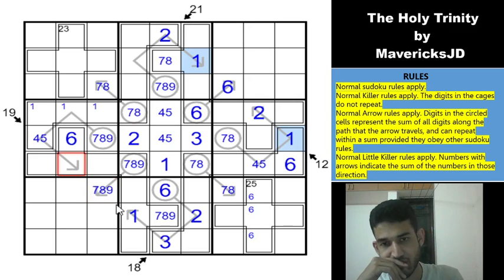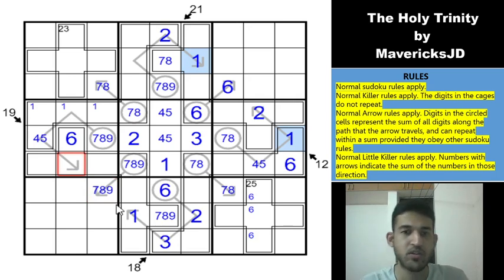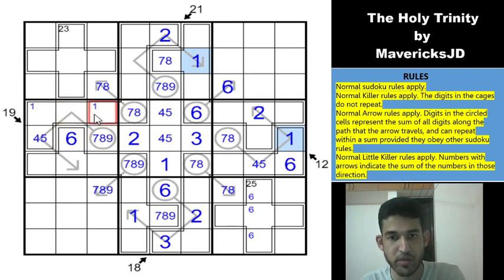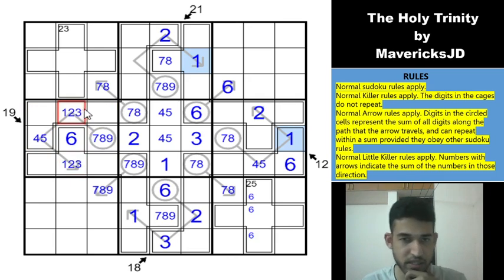So I have 2 degrees of freedom there. Okay, so something interesting. I can't have anything more than 4 in these cells, right? So if I have 4 or anything more than that, 4 plus 5 would be 9 already, and I won't be able to satisfy the arrow clue. So in both of these cells, the maximum value is going to be only 3, 1, 2 and 3, right?